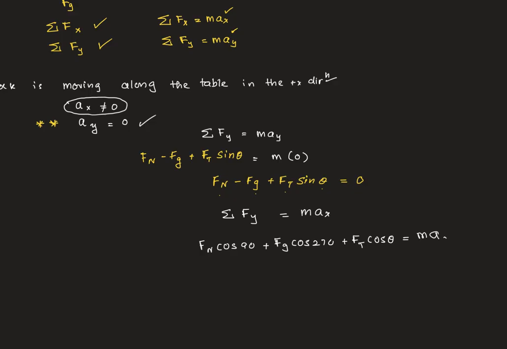And then here you have m times a, the acceleration along the x direction, which is non-zero. Check it out using your calculator, and the only remaining term is Ft cosine theta and mass times acceleration. So depending on what is given in a given problem, we should be able to solve this without much trouble.